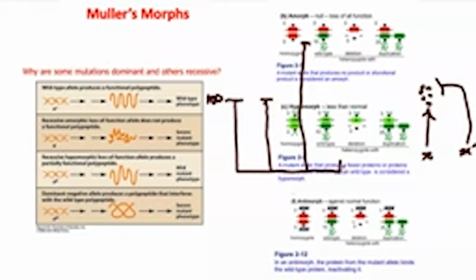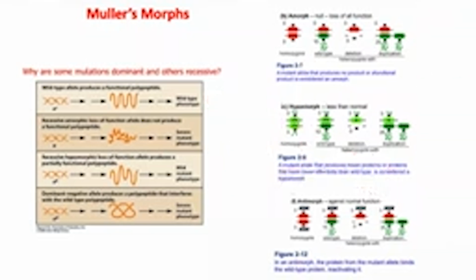So the actual activity will be low. That is an antimorph or a dominant negative. Is that clear? Okay, sir. So what about when both the alleles are mutated in antimorph? No, an antimorph can only work when you have one allele which is functional and one allele which is stopping the other. If both are not working, then it's an amorph.